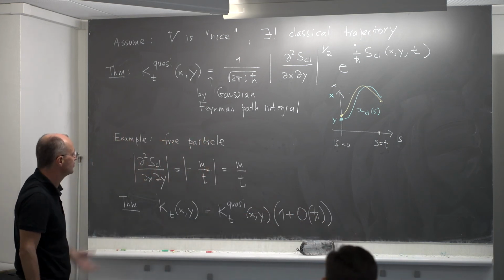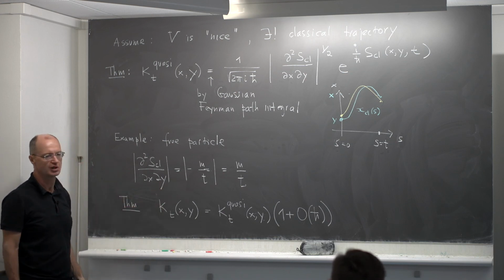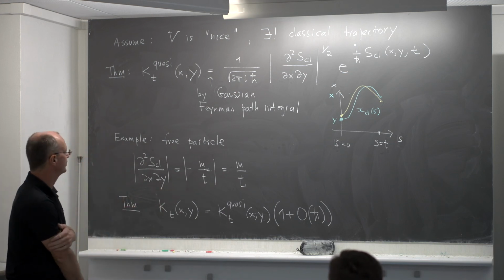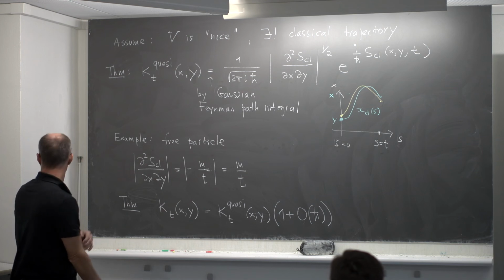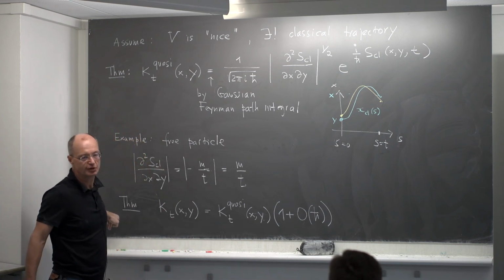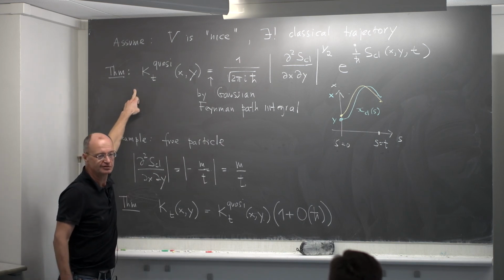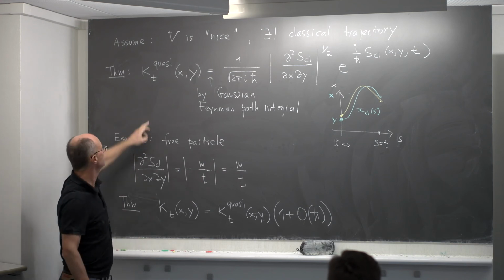So basically that's a kind of upgrade or time-dependent version of the WKB story that we looked at before. Now, this theorem we're not going to prove, but this theorem you will be proving with some effort, possibly, at the next exercise session.